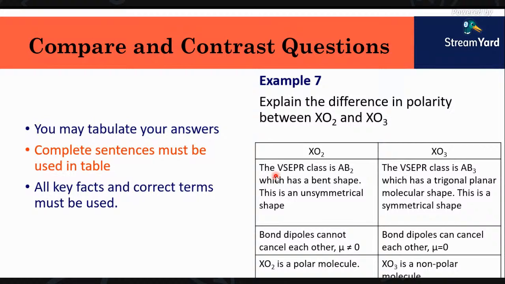Don't just write a chunk on XO2 and another chunk on XO3. No, that is not compare and contrast. I'm sure you have done similar things in English as well. You cannot write a paragraph of XO2 and another paragraph of XO3. That doesn't work.